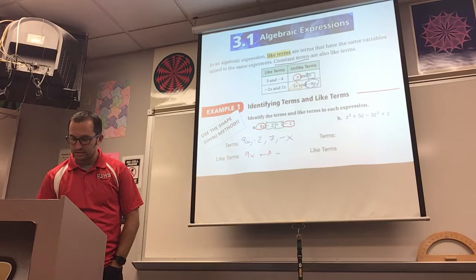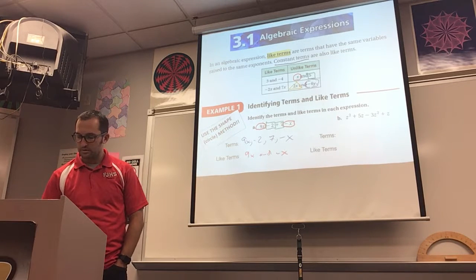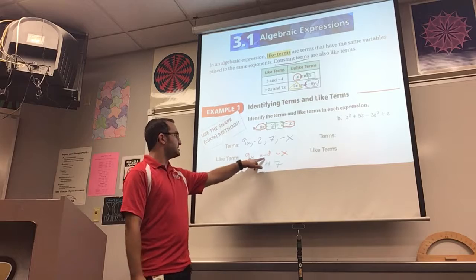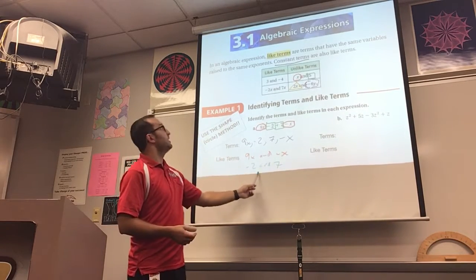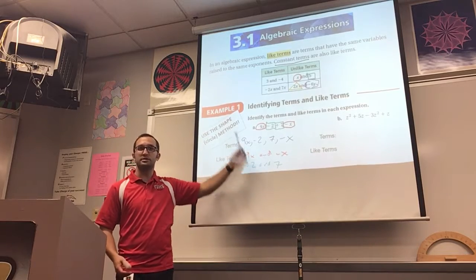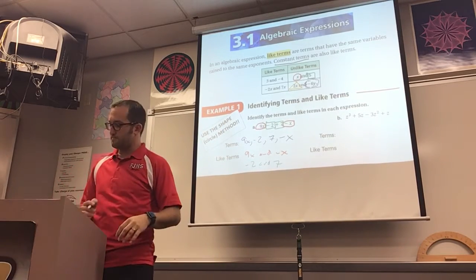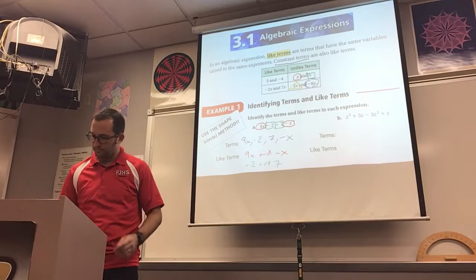And the other like terms are -2 and 7. These have the same variable raised to the same exponent, and these are constants. Notice the definition up at the top.